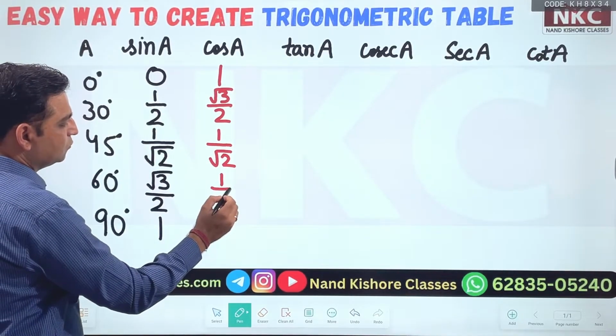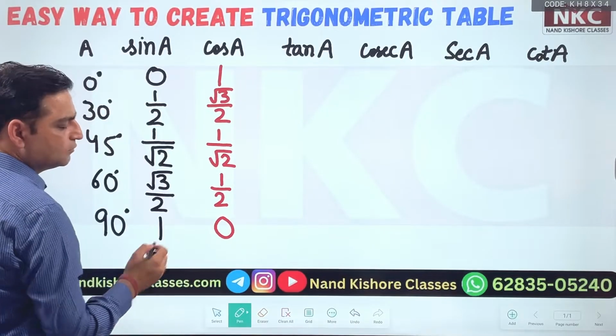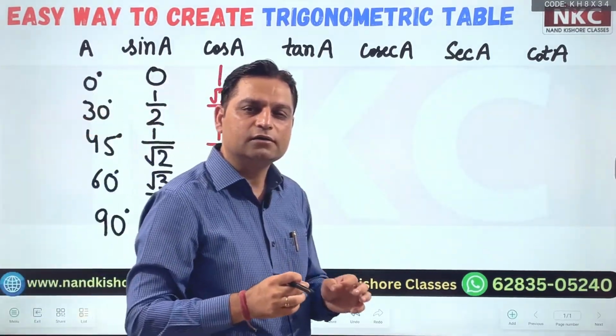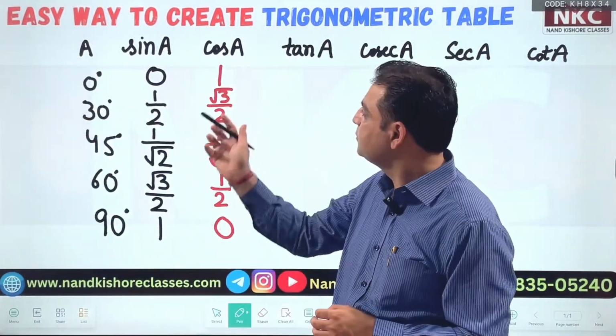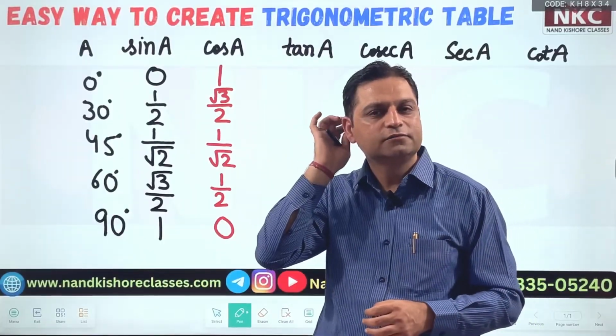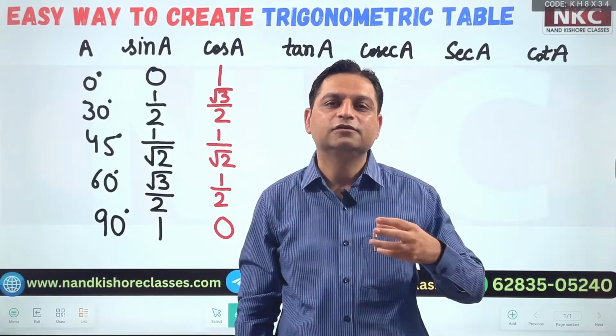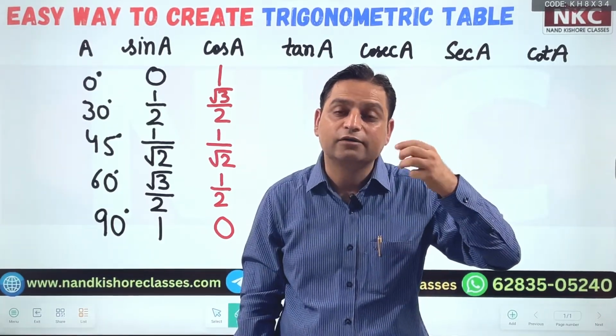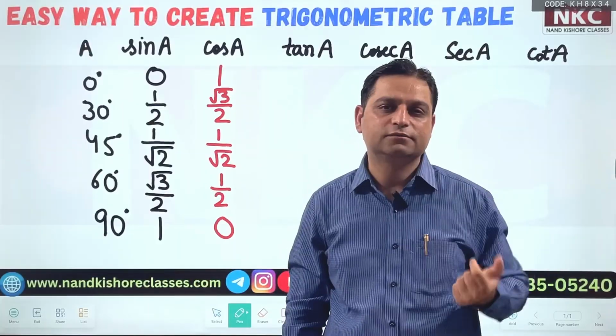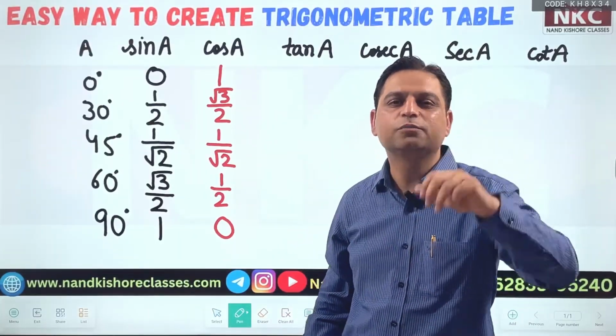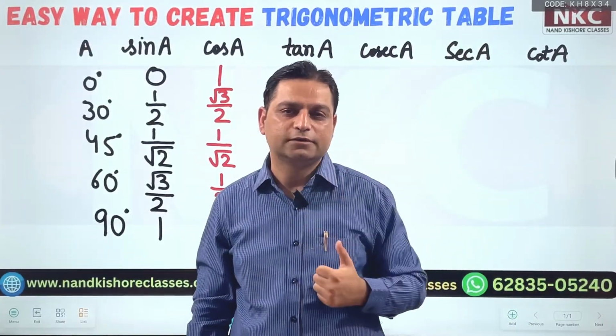Then 1 over 2, then 0. See, once I had learned the first column, the second column was very easy for me to write. And believe me, once you complete the table, all these values will go into your mind and you will be able to give answers orally as well. All the time you need not make this table. This is for learning only.